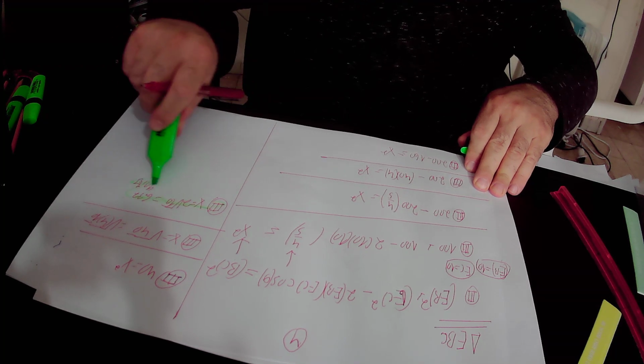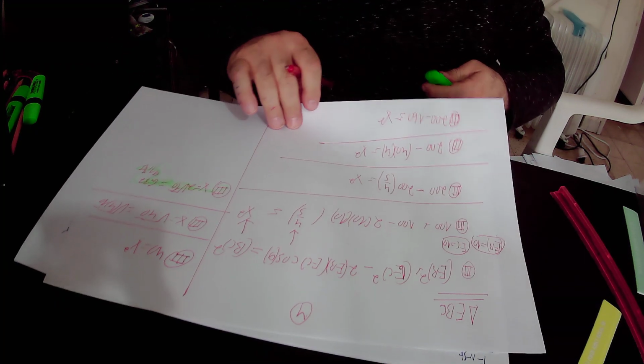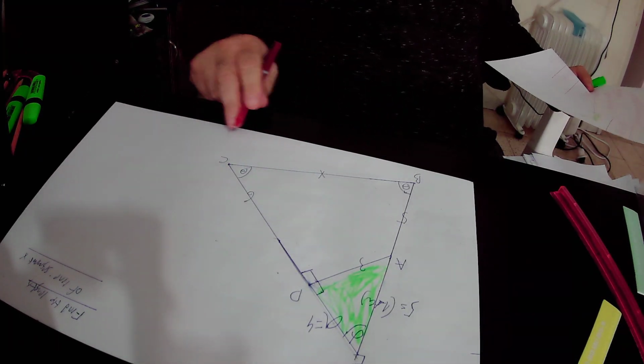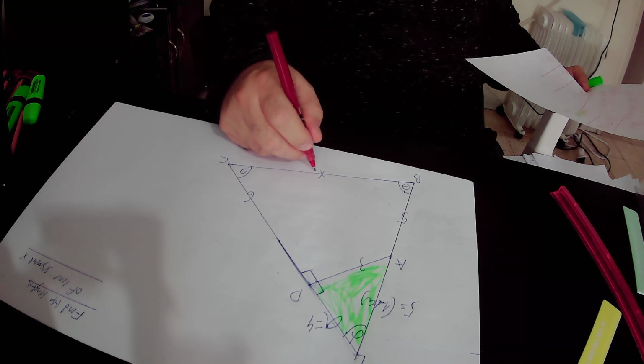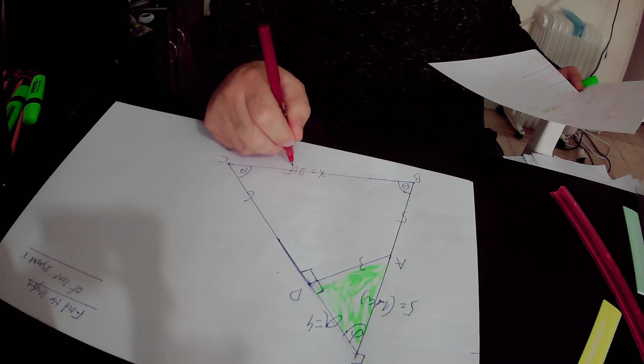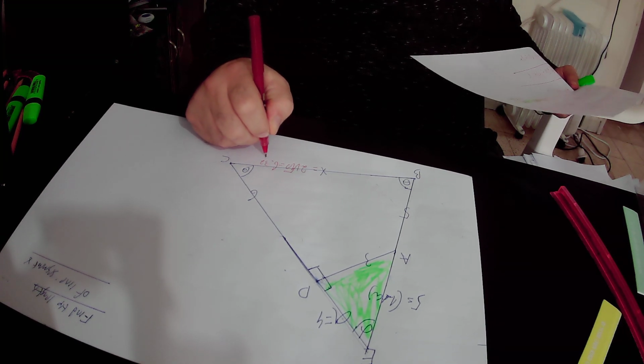I repeat again, the length of line segment BC, that is equal to x, is either 2 times the square root of 10 units, or in terms of numbers, 6.32 units.